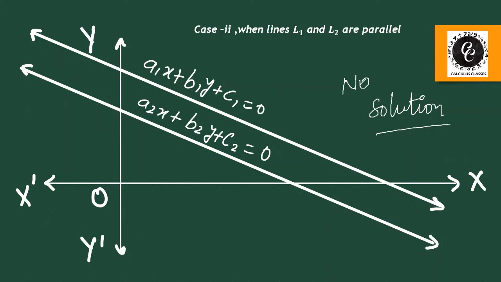So you should remember, if you find intersecting lines, the system is consistent and has a unique solution. If you find parallel lines, it is inconsistent with no solution.